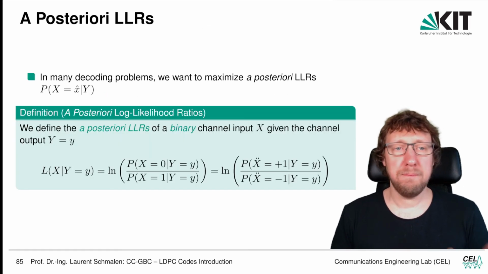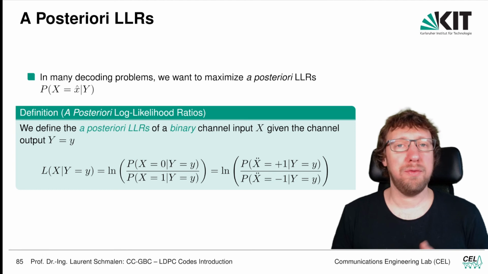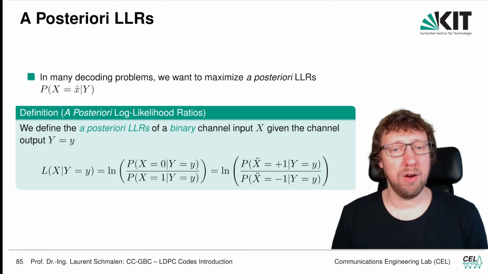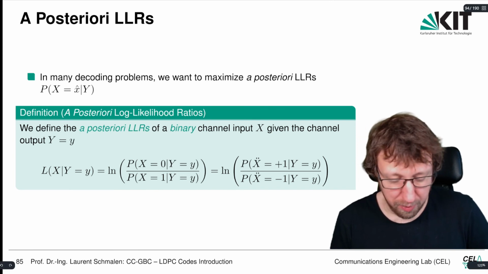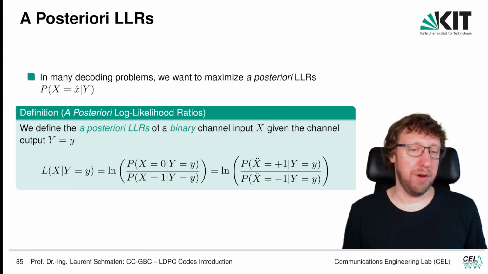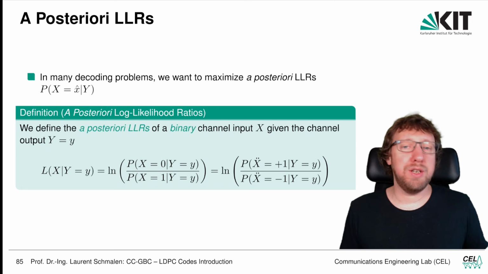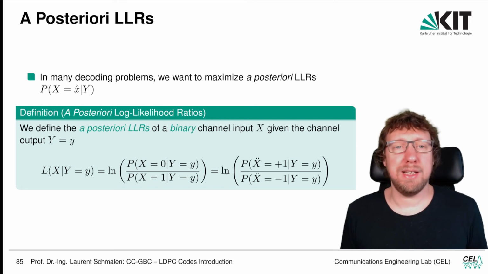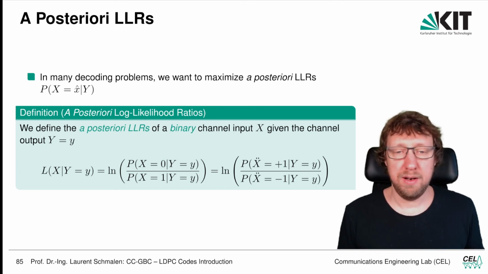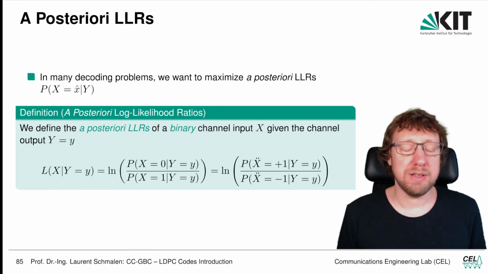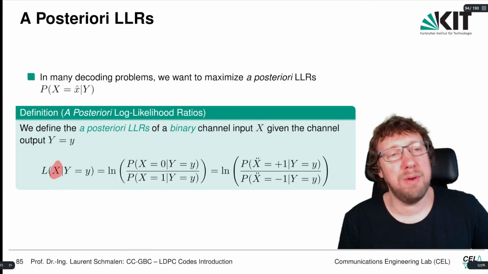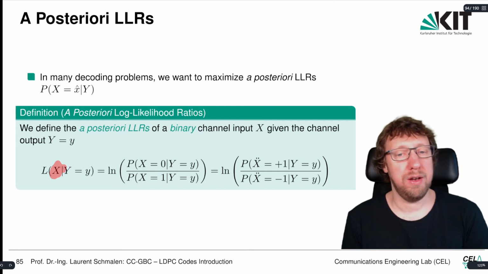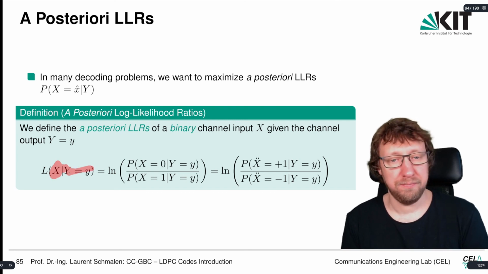Okay. So now in decoding, we very often have a posteriori log likelihood ratios, and we can define them as follows. Essentially, we define them in the very same way as we defined the previous log likelihood ratio, but now we have the binary random variable in front, given an observation y.